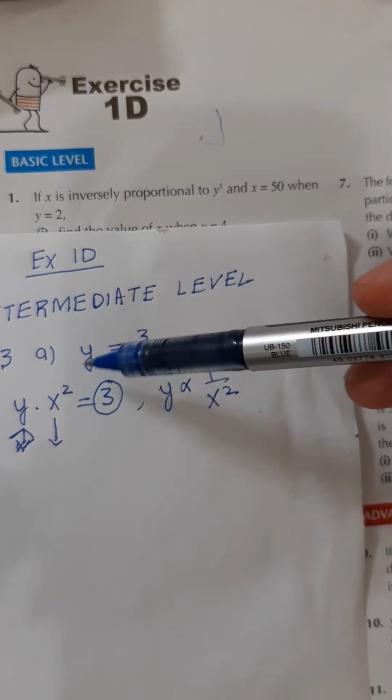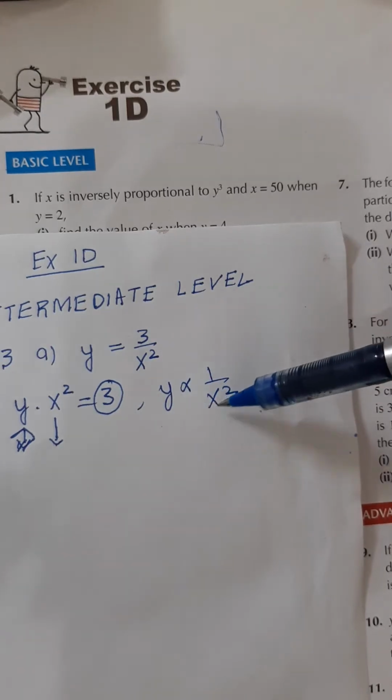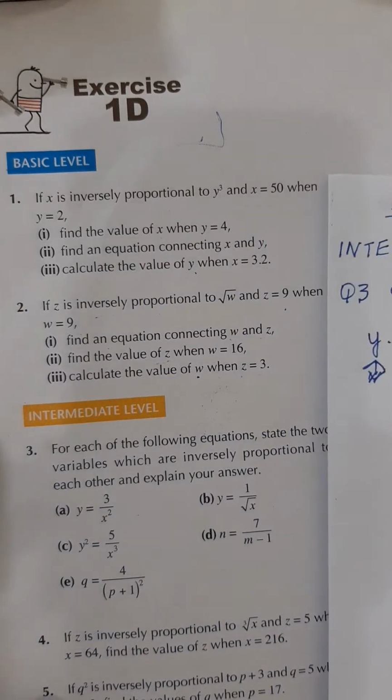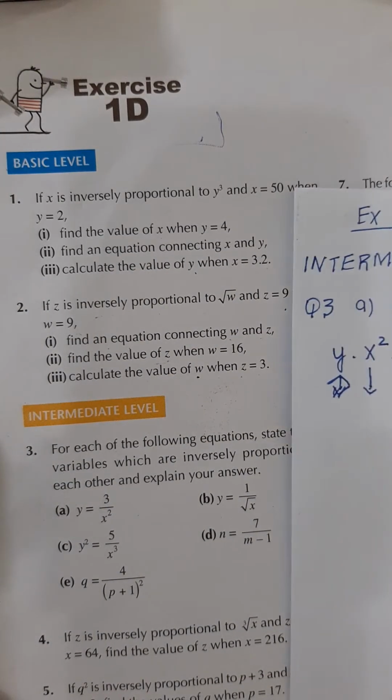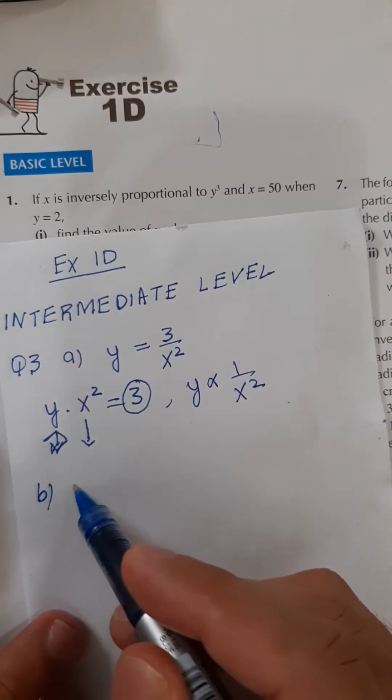So when the product of y and x square is equal to a constant, then y and x square are inversely proportional.